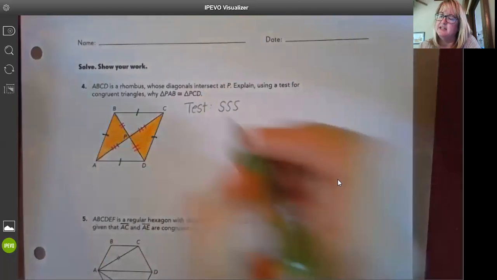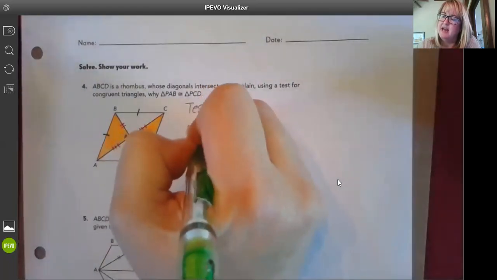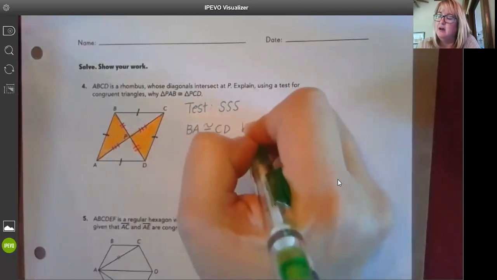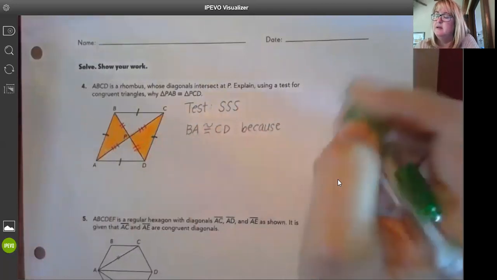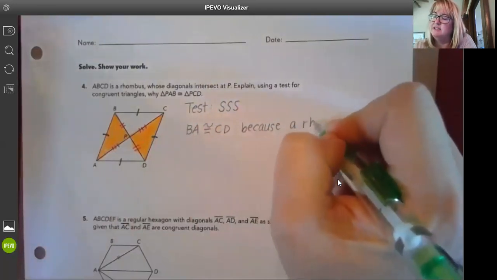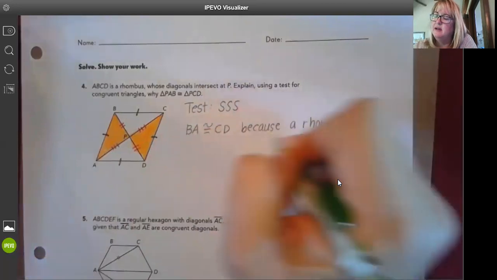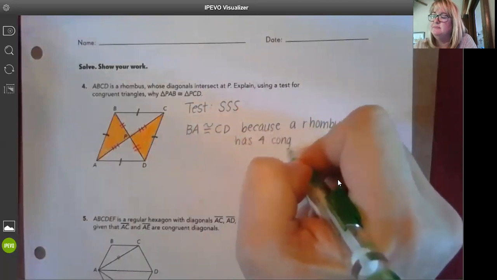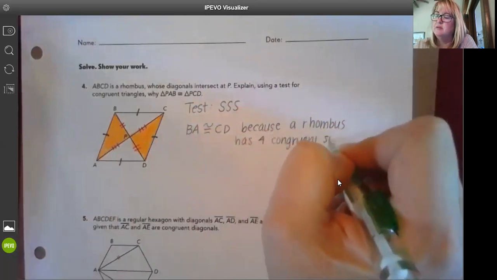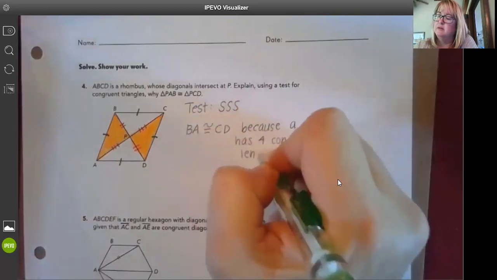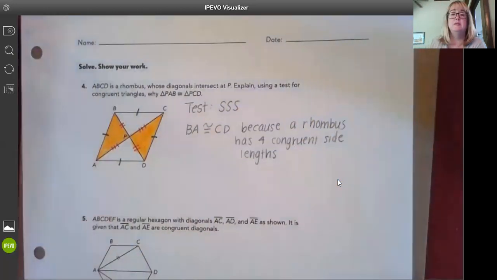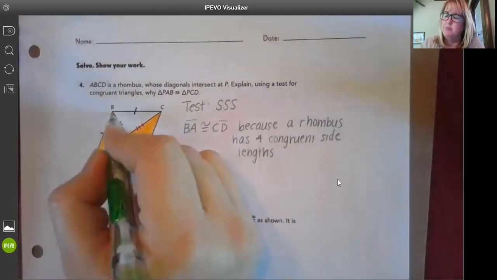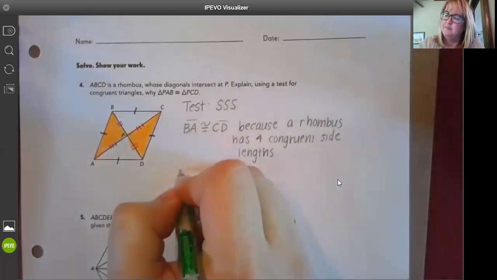So we know that BA is congruent to CD because a rhombus has four congruent side lengths. That's one of the sides.